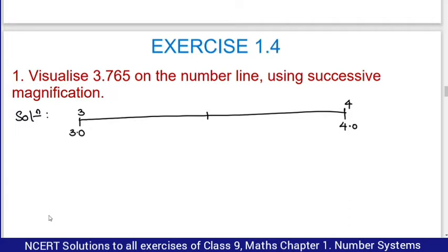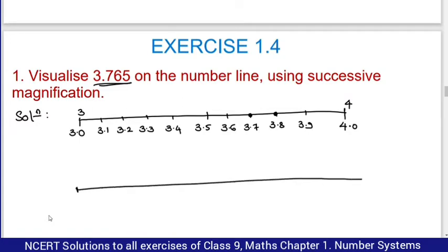In between there is a 3.5. Make divisions like this: 3.1, 3.2, 3.3, 3.4, 3.5, 3.6, 3.7, 3.8, 3.9. So 3.765 lies in between 3.7 and 3.8.